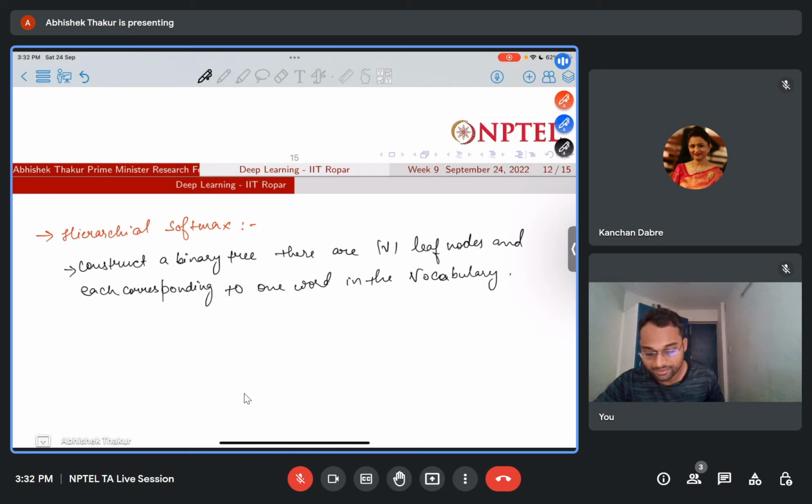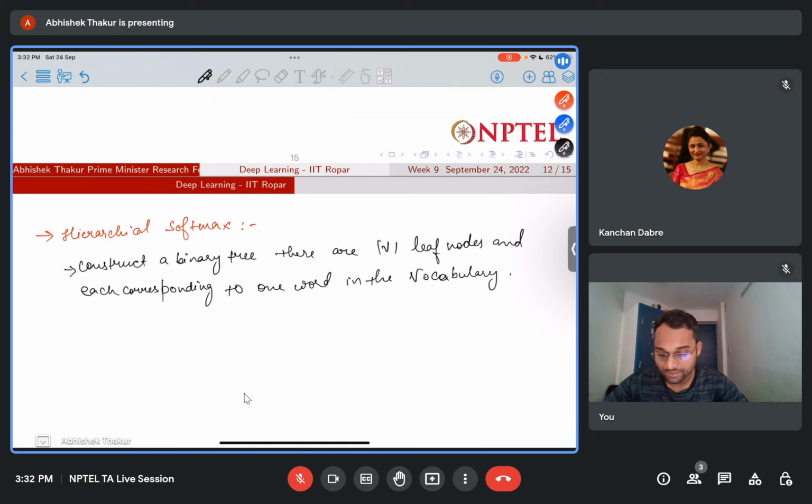You can see these things in the lecture. Also, there is a unique path between the root node and the leaf node, and when the path is towards the left side, then we assign a value 1, and towards the right side, we assign the value 0.